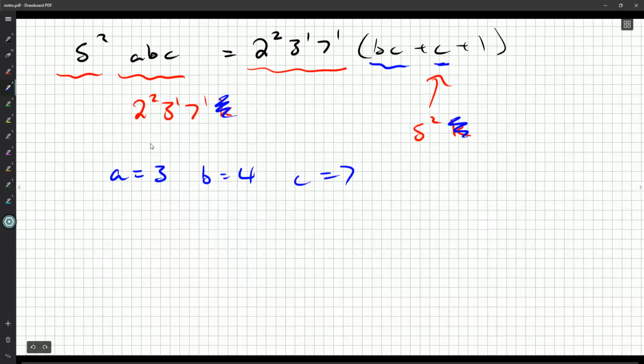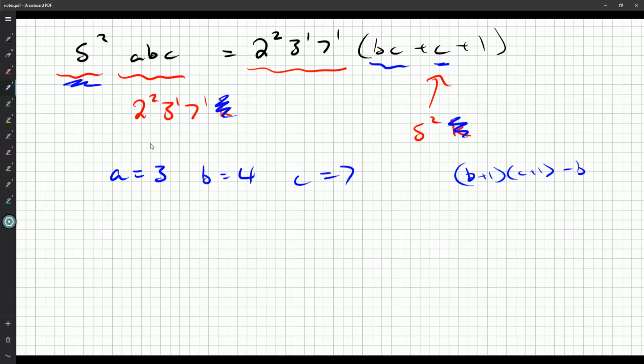That's not going to work out, unfortunately. Now bc plus c plus 1. Is there another way I can write this? I think it's b plus 1, c plus 1 minus b, but that's not really any more helpful, I think. Maybe it's slightly faster for computing this expression here, but so be it.